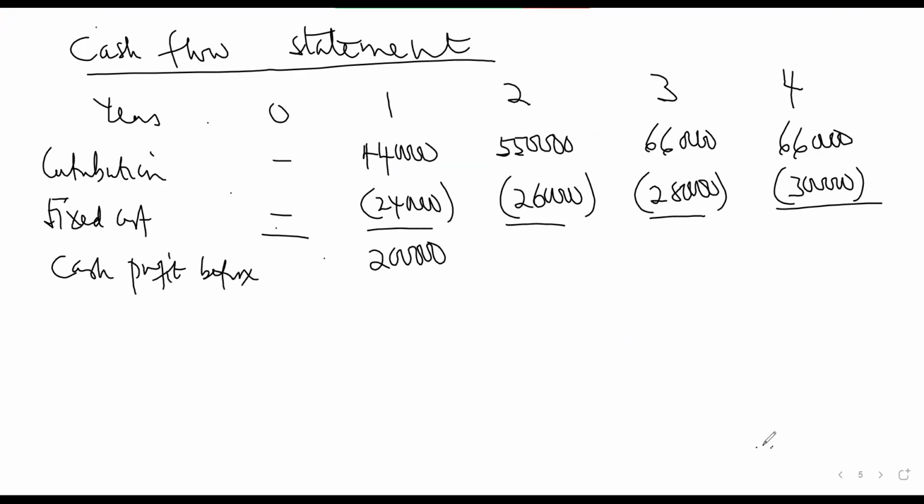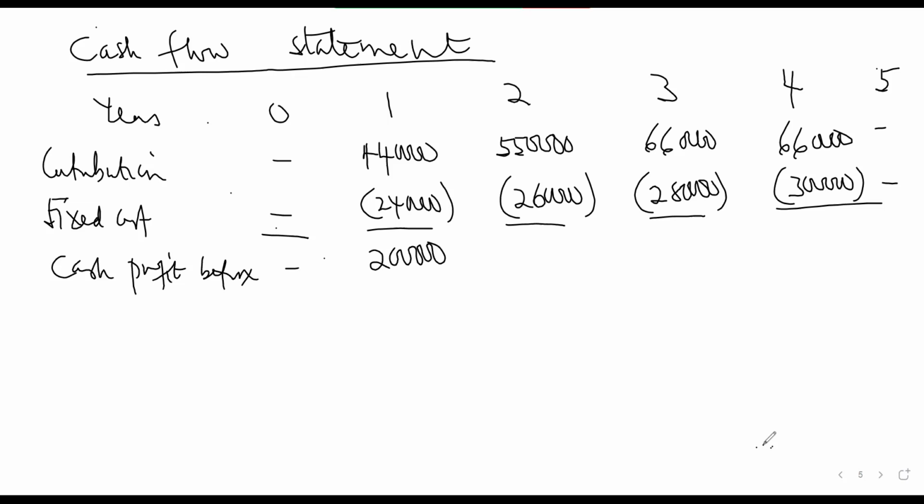So let's look at cash profit before tax. You can see that tax is paid in arrears, so we are going to be having an additional 1 year here. Let's come to what will be year 2.